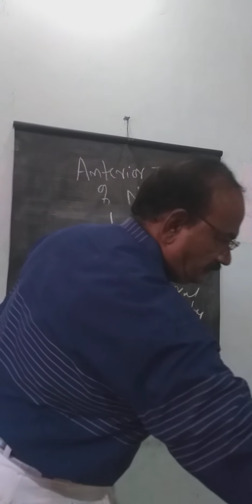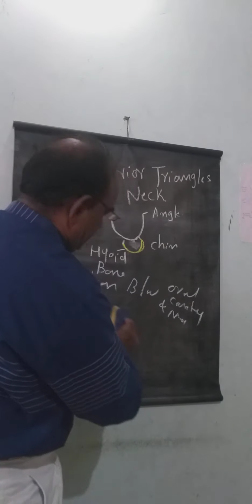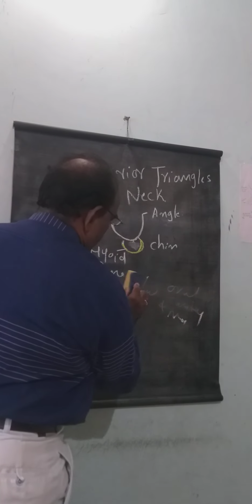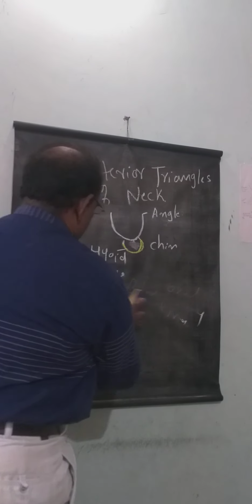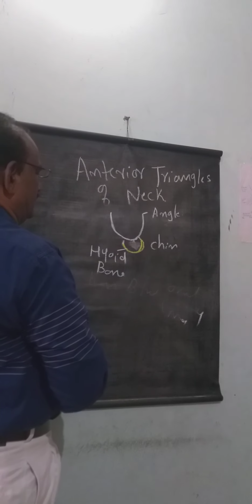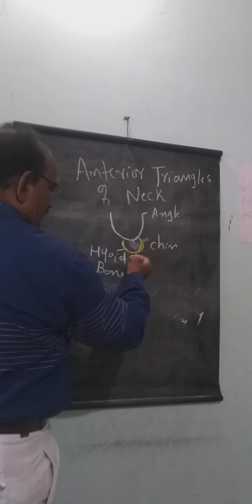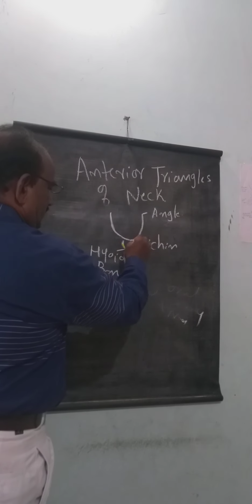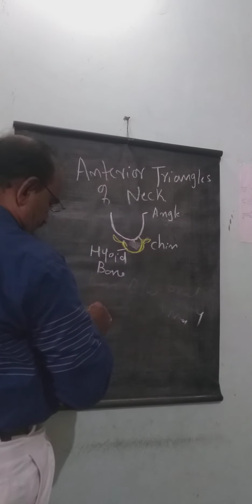Then this hyoid bone goes posteriorly, U-shaped, and it has the lesser cornu and greater cornu.